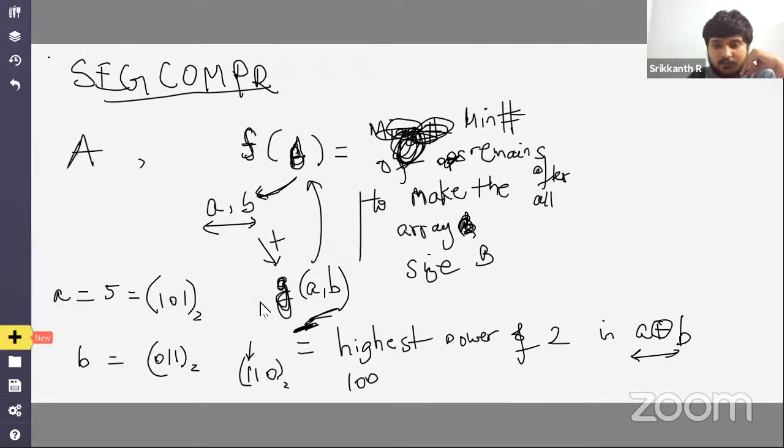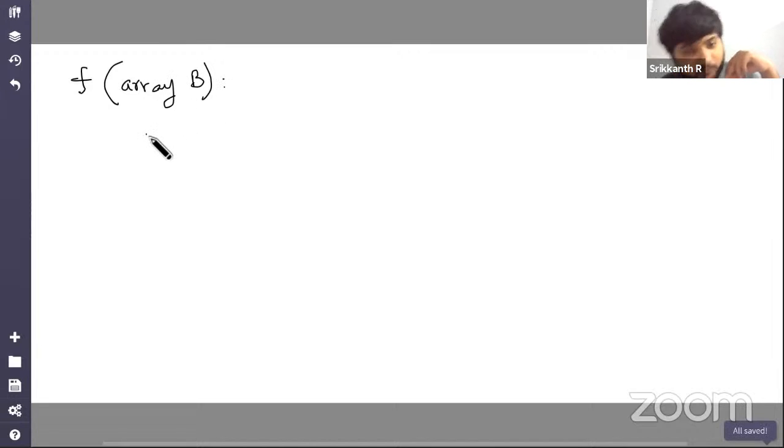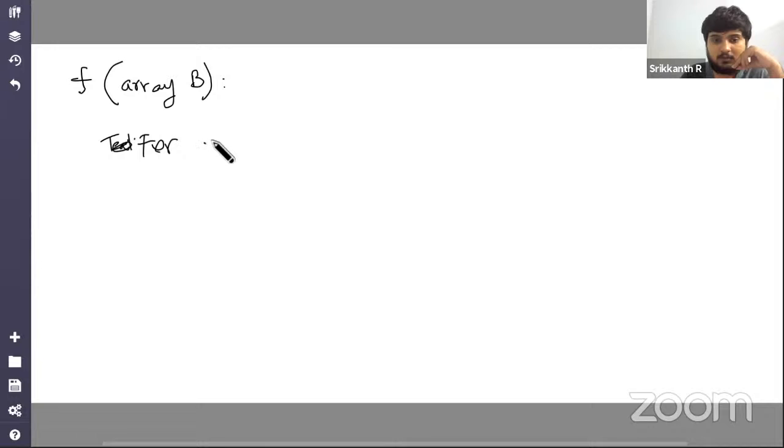So first off, let me describe the brute force. Let's write the pseudocode for f of array B. This is just a rough pseudocode that I want to write to establish what the complexity of brute force is. Take every pair a comma b.